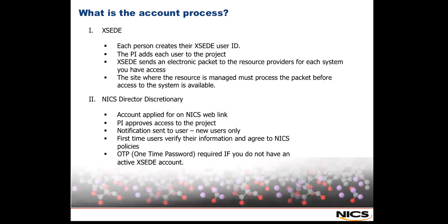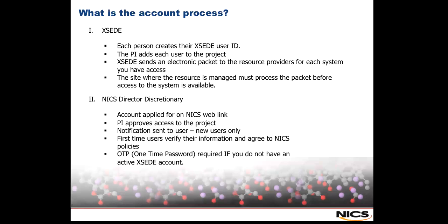The second type of project and account is a NICS Director discretionary. It is possible to have both accounts. However, if the NICS Director discretionary is applied for on the NICS web link, which we covered last week, a PI either has to approve your access to the project or the project itself is created. A notification is then sent to the user.